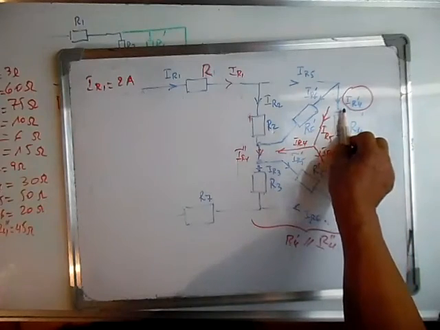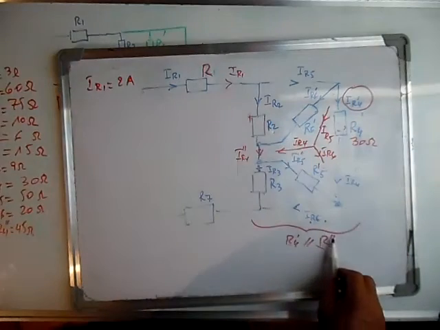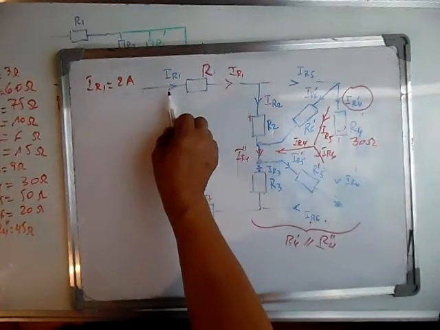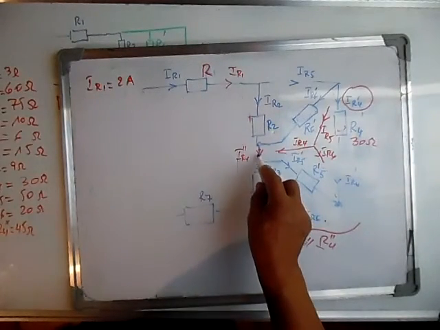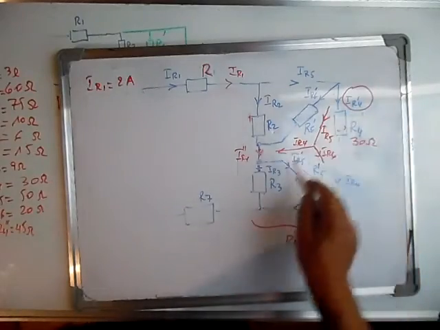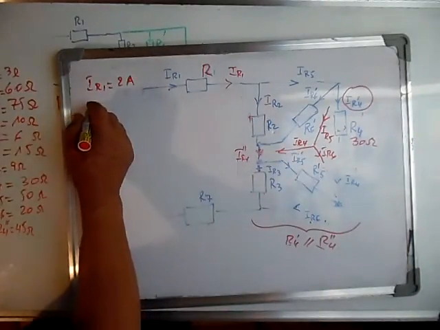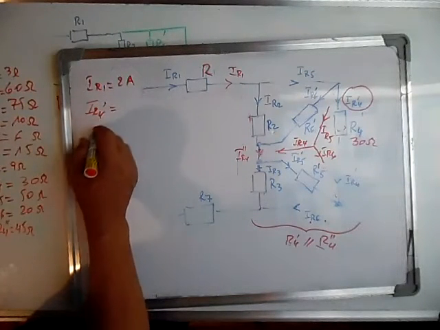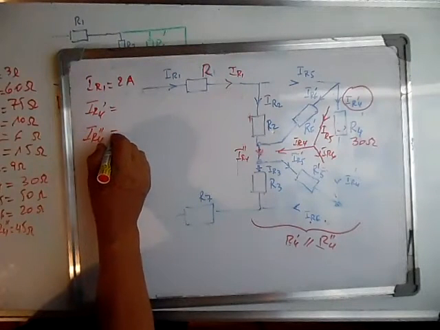First of all, I have R4 prime and R4 second that are in parallel, so I can calculate the current flowing here and here in this resistor and in this resistor, the whole resistor. IR4 prime and IR4 second.